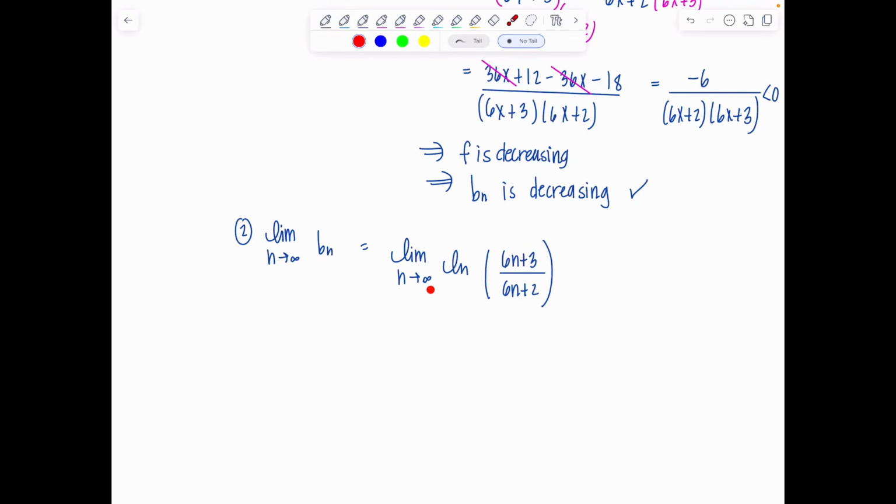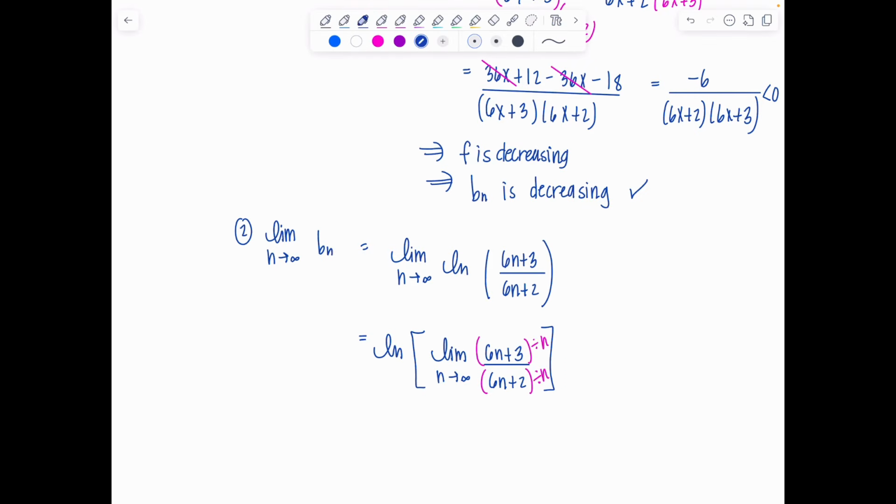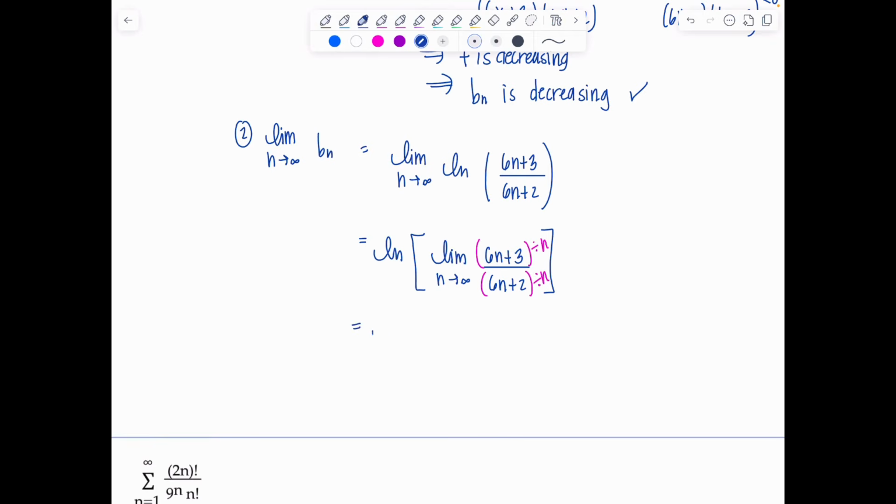Since n is approaching infinity and it's taking on values from 1 to infinity, natural log is continuous on that interval. We can pass the limit through. So we have ln of the limit as n goes to infinity of (6n plus 3) over (6n plus 2). And then from here, go ahead, divide everybody again by n to the first, divide by n. And then we have now natural log of the limit as n approaches infinity of (6 plus 3 over n) over (6 plus 2 over n).